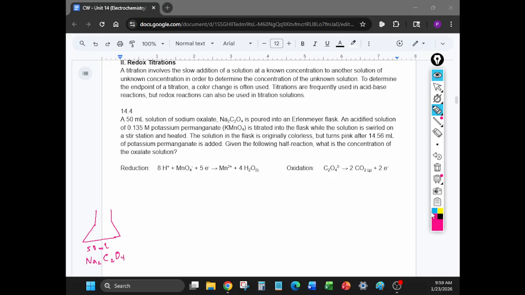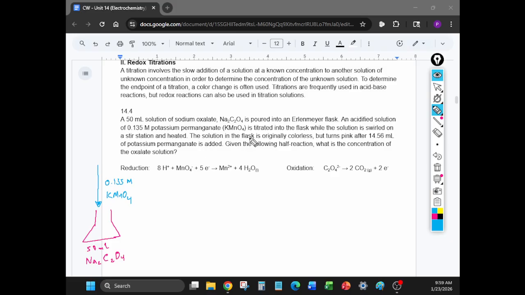And then it tells you an acidified solution of 0.135 molarity potassium permanganate is titrated into the flask while the solution is swirled on a stir station and heated. So basically what you are doing is you are adding 0.135 molarity potassium permanganate, and then the solution is stirred and heated basically to make sure the reaction goes to completion and faster.